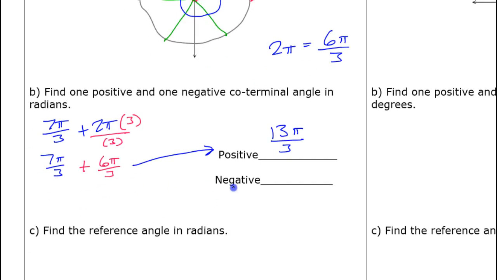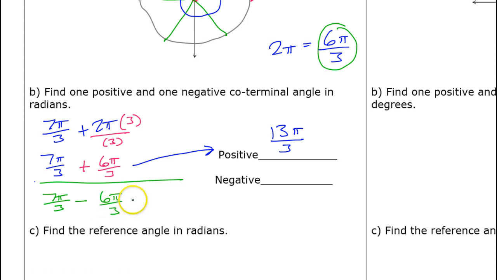So if I want to find my negative coterminal angle, I think I'll change colors just so we can keep it straight. Again, I can start from my initial 7 pi over 3, but what I can do is subtract instead of add. Now I'm going to have to do this more than once, because if I subtract 2 pi, which is the same as subtracting 6 pi over 3, you can see that is going to give me pi over 3, which is the reference angle.